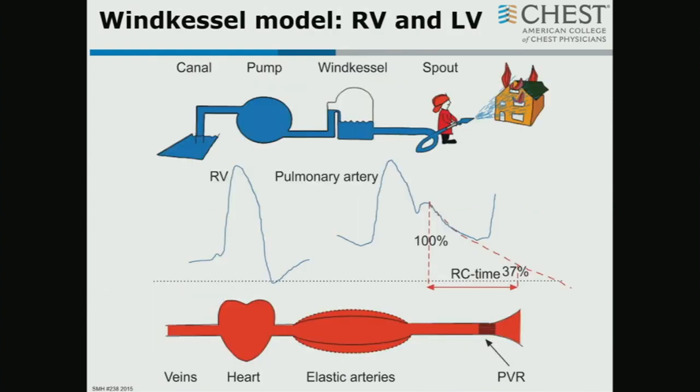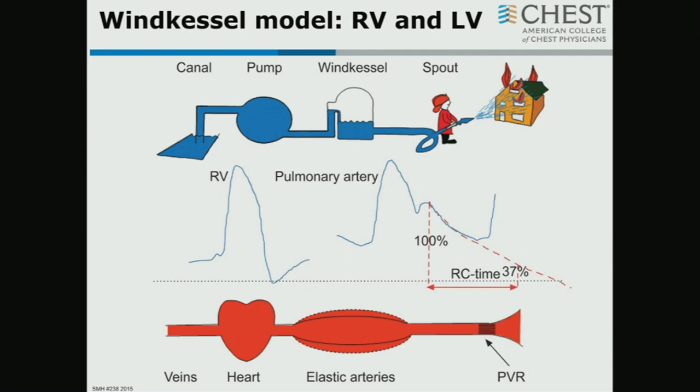It's not the same on the right side of the heart. It turns out that on the right side of the heart, you have the same relationship, but in fact, the compliance and resistance are distributed throughout the circulation. So as opposed to having compliance, it's not just the pulmonary artery, it's the whole circulation. And so when the right-sided circulation fills up, then its compliance, its stiffness goes up, its compliance goes down, and that increases the afterload of the right ventricle.